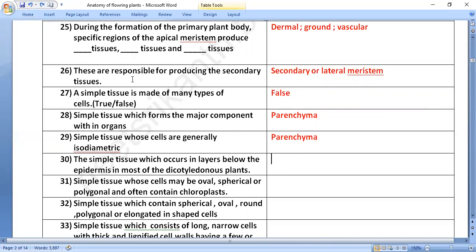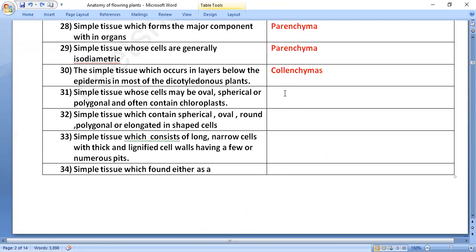The simple tissue which occurs in layers below the epidermis in most dicotyledonous plants is collenchyma. It may be oval, spherical or polygonal and often contains chloroplasts.